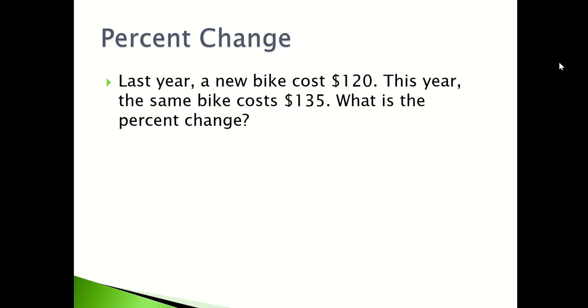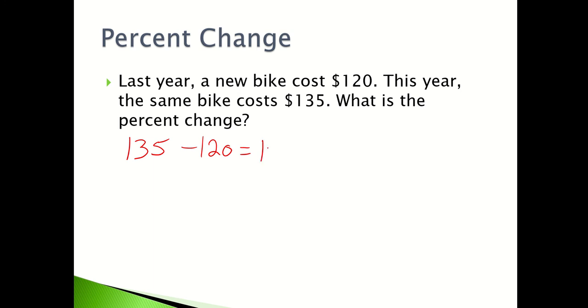So I'm going to show you a couple different ways to do this. Last year, a new bike cost $120. This year, the same bike costs $135. What is the percent change? Now, is it an increase or a decrease? It's an increase, right? So first off, we subtract 120 from 135.